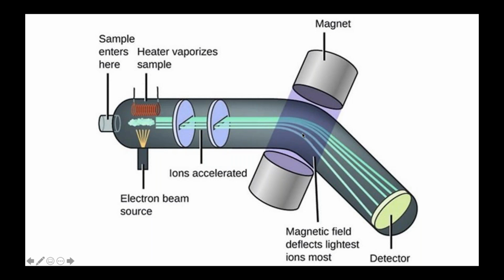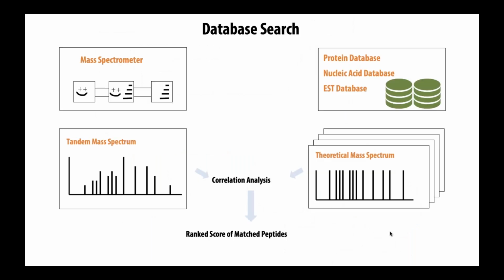They will slightly move away from the central line, and they will then be detected at different spots on this detector. Now, based on this angle and where they fell on the spot, you can determine what the mass is of a particular peptide. So that's pretty cool, and it's quite effective.